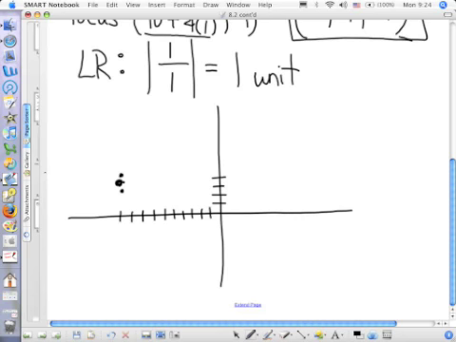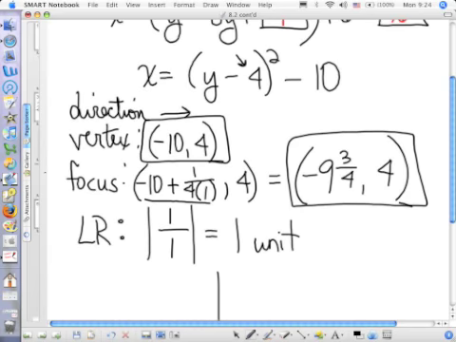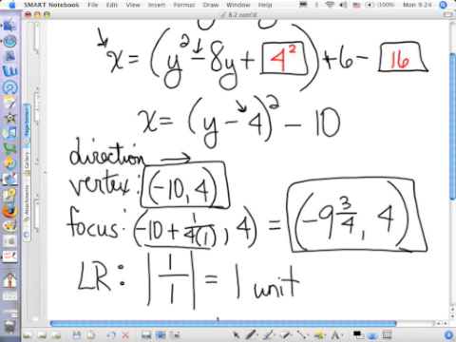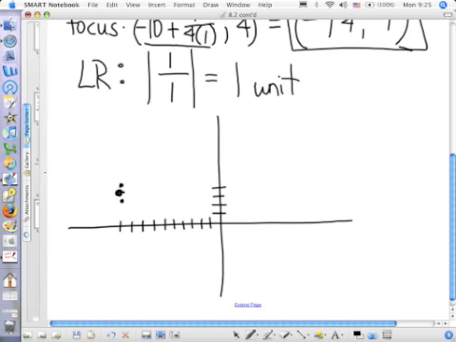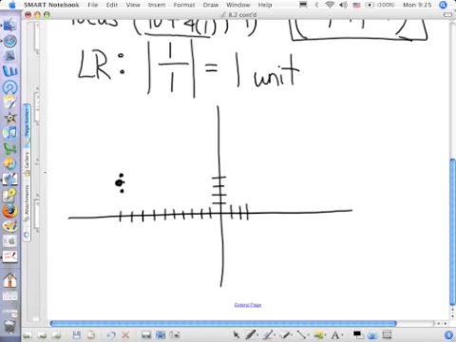So if I want to find an x-intercept, I'm going to come back here and say, okay, when y is equal to 0, what is x? X is 0 minus 4 squared minus 10. X is -4 squared, which is 16 minus 10. X is 6. When y is 0, x is 6, which means another point on this graph is at 6, 0.